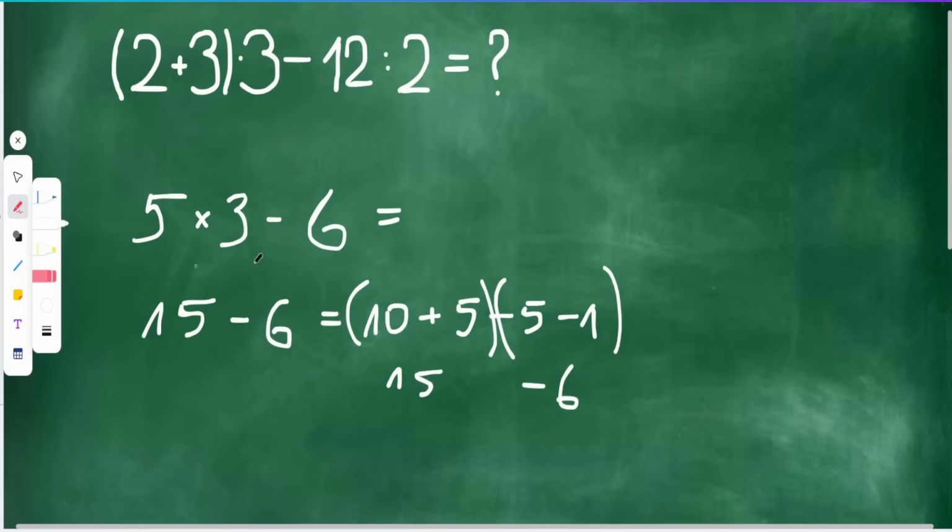If we look closely, these two 5s reduce, because plus 5 minus 5 is 0, so we can simplify it in our action. And we have to do something even simpler, that is 10 minus 1. So we know that it is 9. This is the correct result.